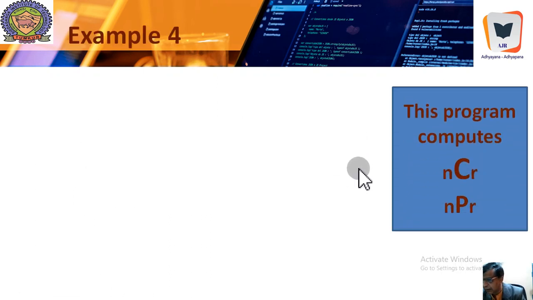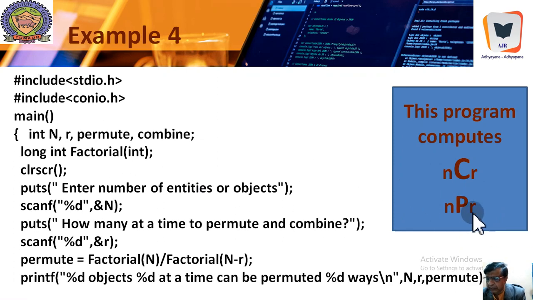Next, this program computes nCr and nPr, that is combination and permutation. Combination of n items selecting r at a time, permutation of n items selecting r at a time. And you know nPr will always be of a higher value when compared to combination, because combination of A and B is just 1: A, B, that's all.